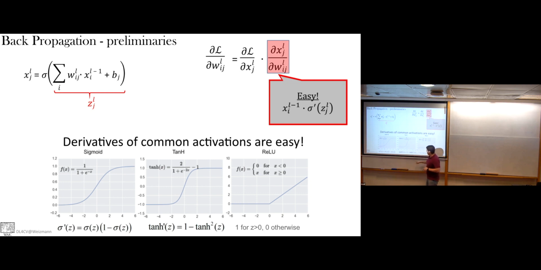For hyperbolic tangent, it's 1 minus hyperbolic tangent squared. And for ReLU, it's a step function: it's 1 when the input is bigger than 0, and 0 everywhere else, on the negative side.